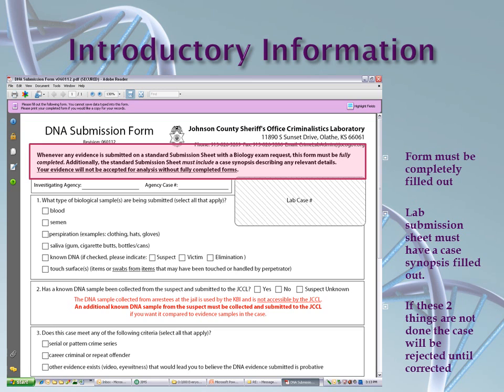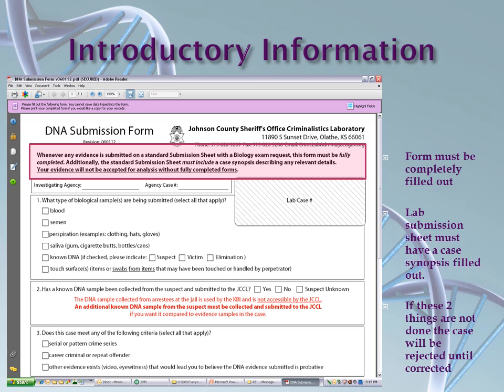Also, as part of this information, we've said that on the laboratory submission form, there is an area at the bottom to provide a brief case synopsis, and that is required whenever DNA is required on that piece of evidence. So that also needs to be completely filled out on the laboratory submission form for a case to be accepted for DNA analysis.